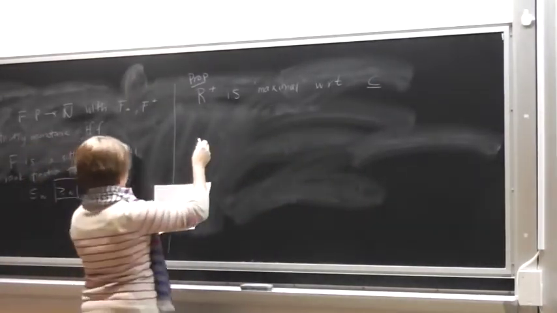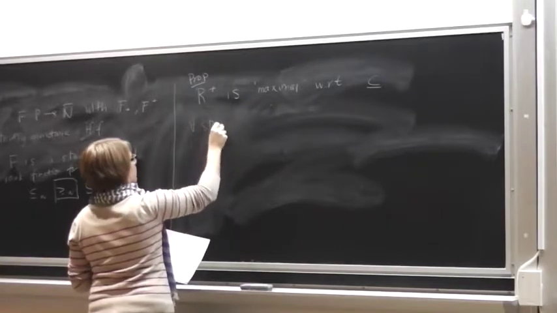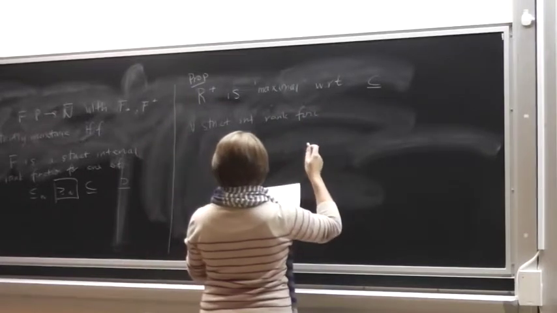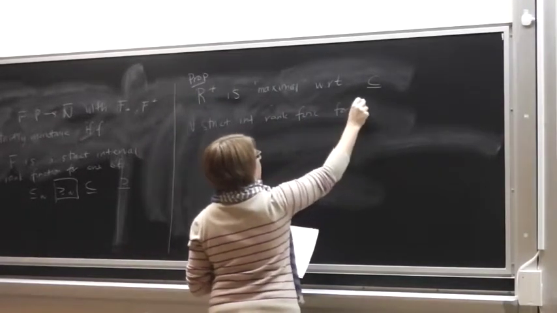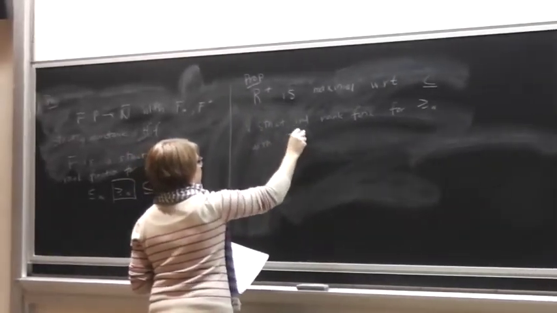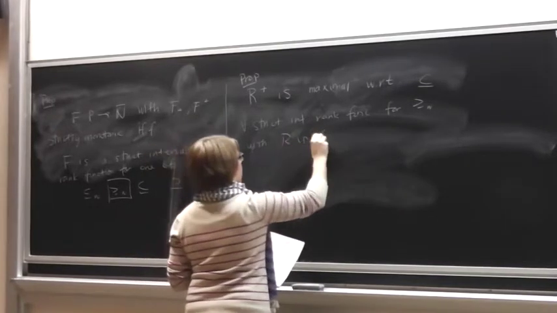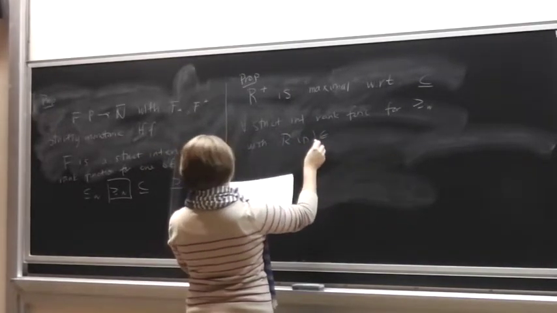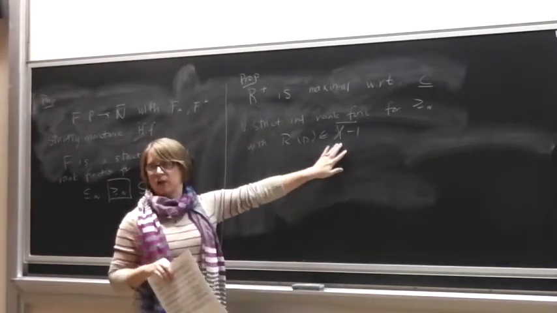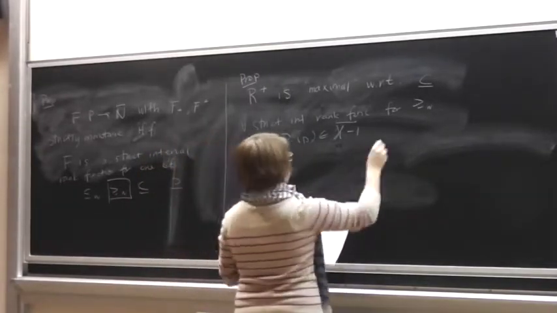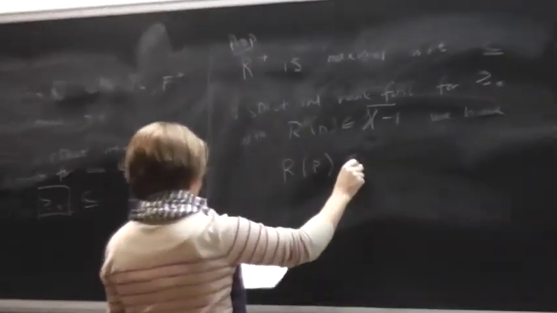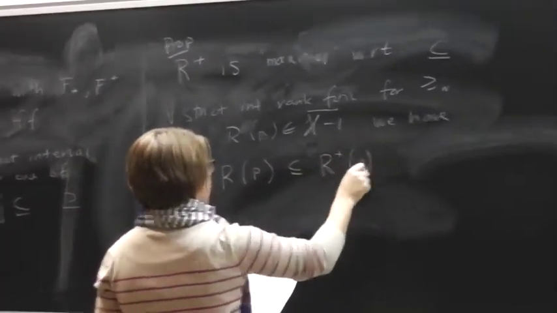So this means that for every strict interval rank function R for the weak order, with R of P always contained in intervals between 0 and height minus 1, we have R of P is a subset of R plus of P.